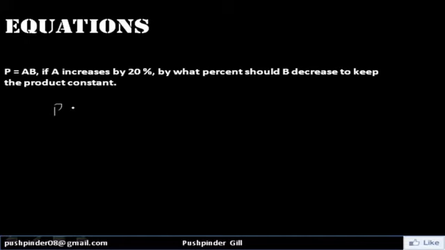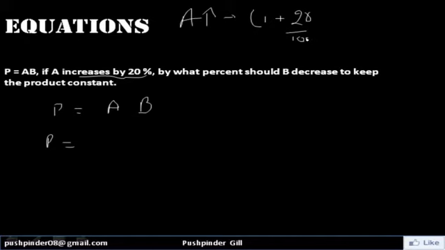Now P is equal to A into B, right? Now A increases by 20%. That means that if A has increased by 20%, A will get multiplied by 1 plus 20 by 100, right? Which is equivalent to, if you calculate it, 6 by 5.